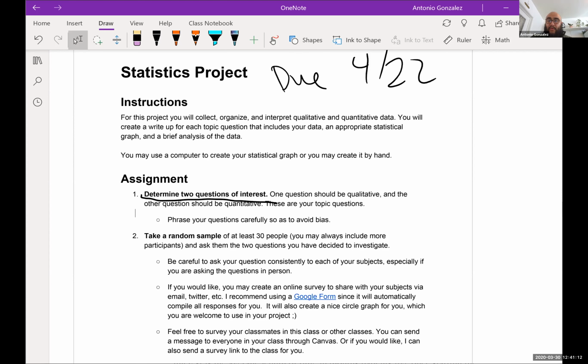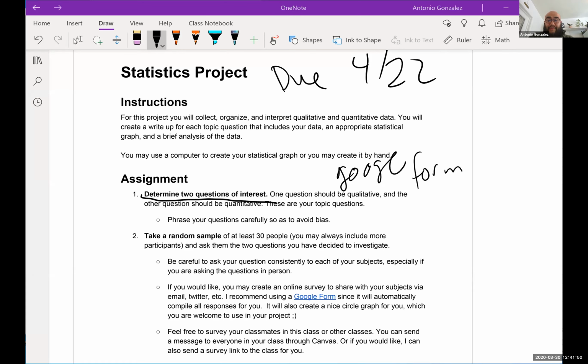One way that you can do this is through a Google form. Since we are doing social distancing, usually I would say you can just go out on campus and start asking people, but that's not a possibility here. So here's my suggestion.